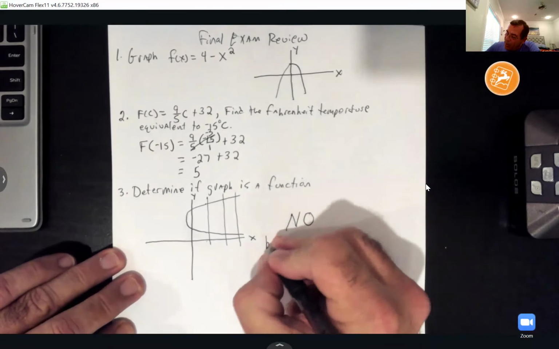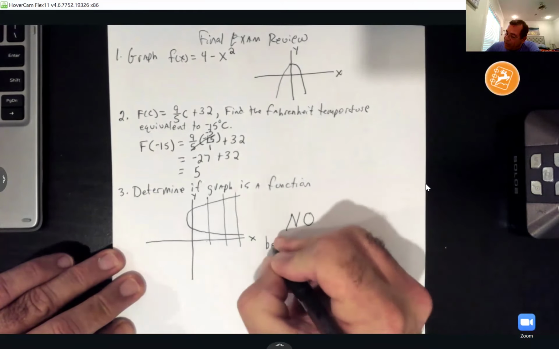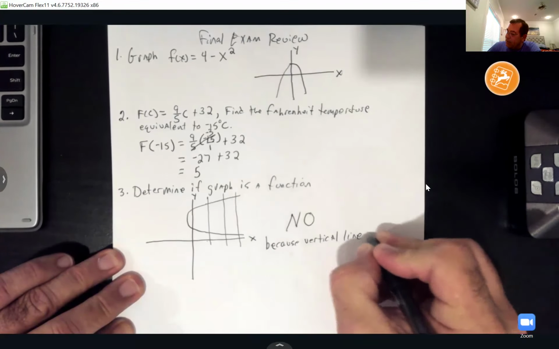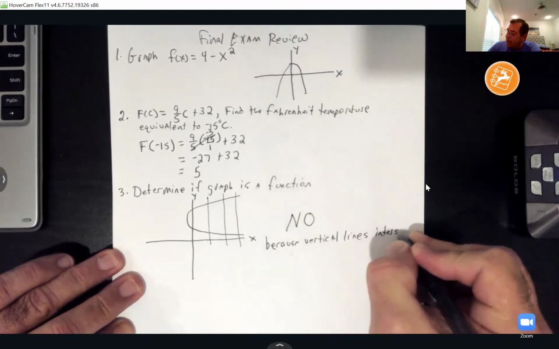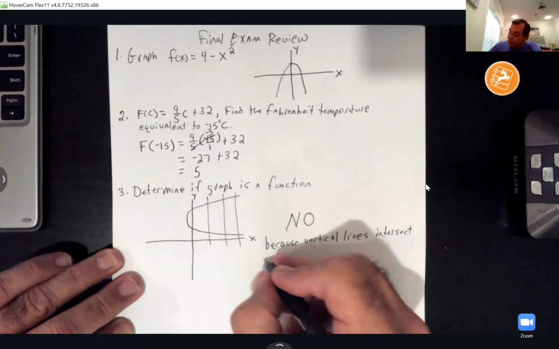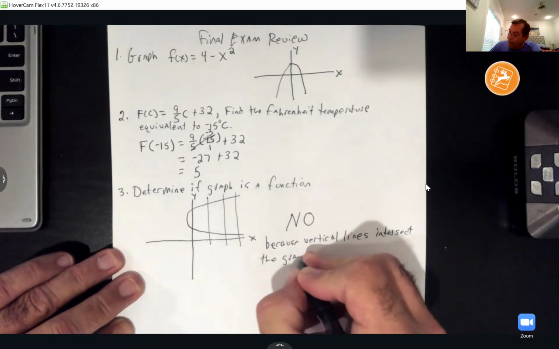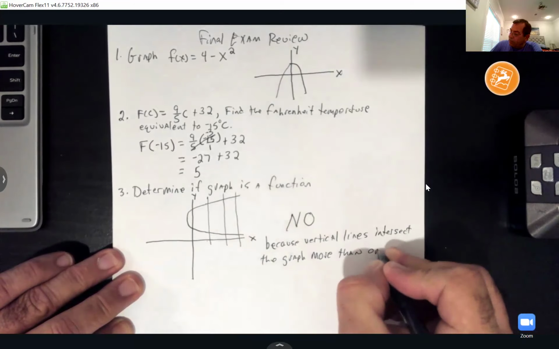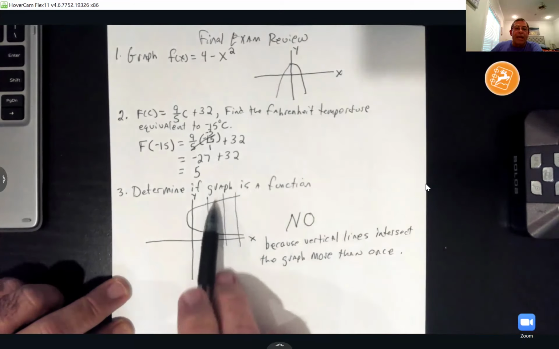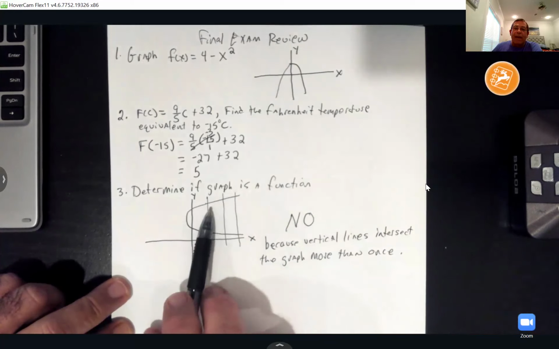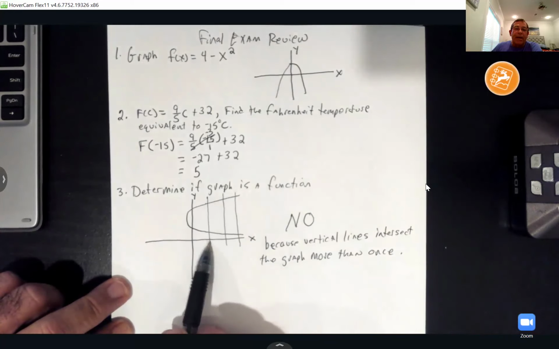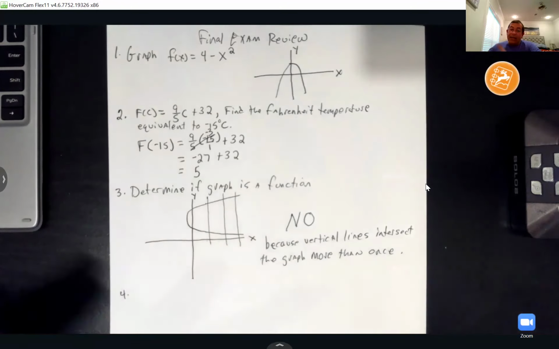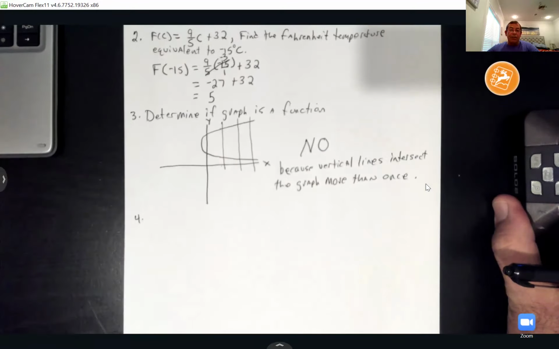So no, and it's because vertical lines intersect the graph more than once. And y'all remember, functions cannot have choices for those y values, remember? So at this x value, I've got one y value, two y values. So remember, that violates the definition of a function.